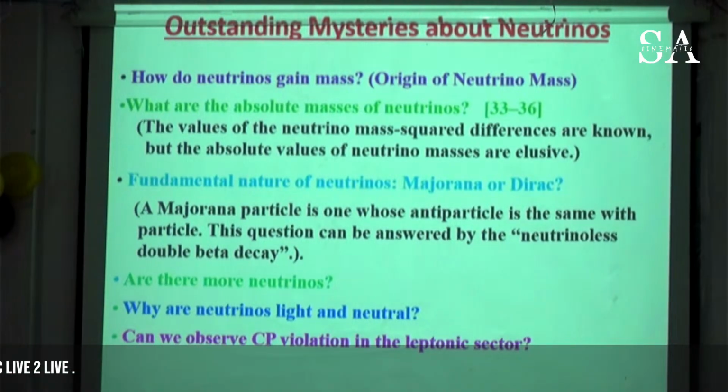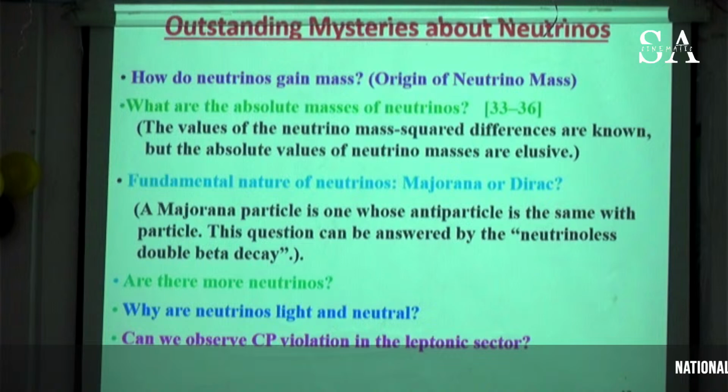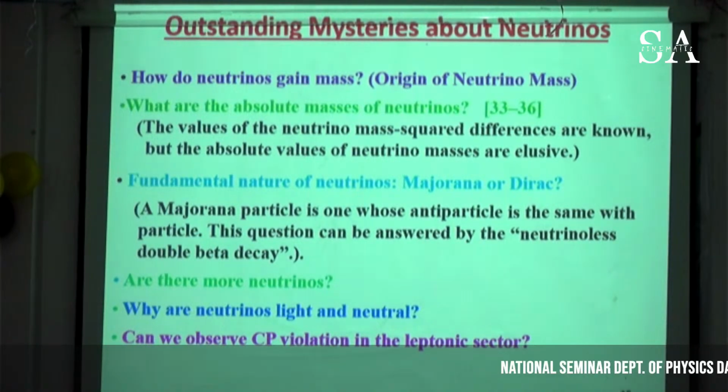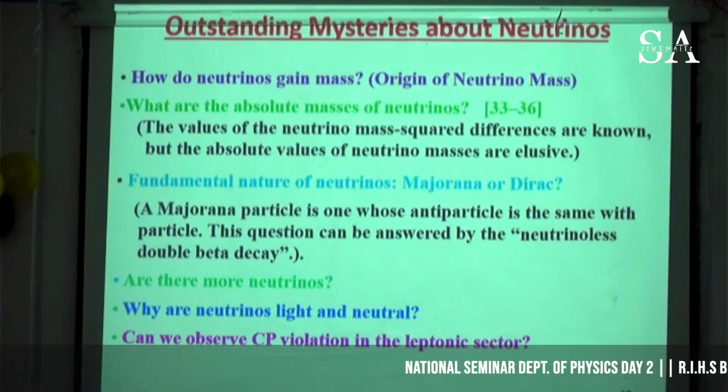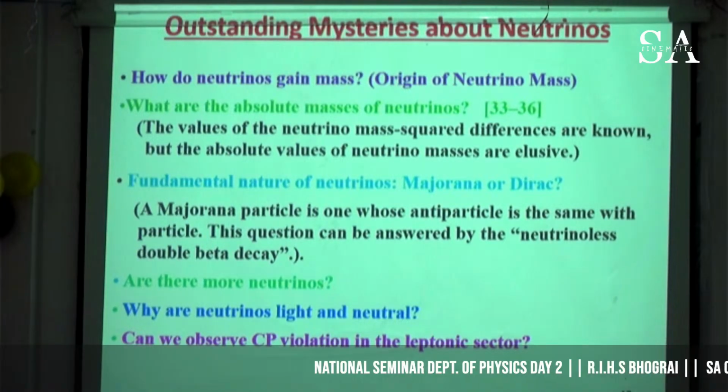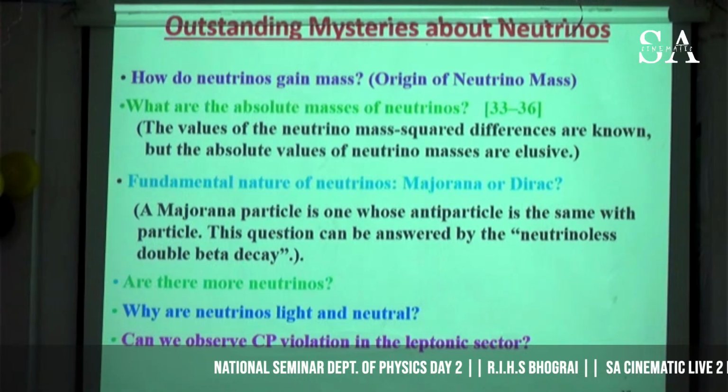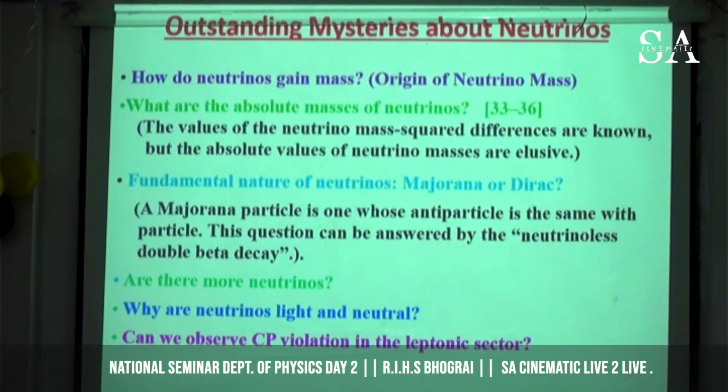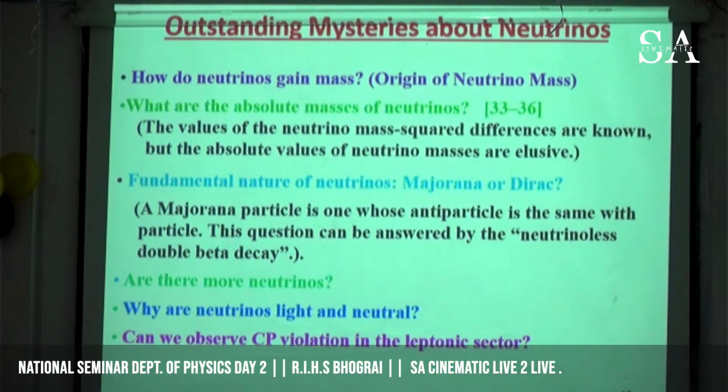Then, what is the fundamental nature of a neutrino, Majorana or Dirac? Majorana neutrinos are their own antiparticles. That is, whether the neutrino is the same as its antiparticle or has a distinct antiparticle, is not answered so far.